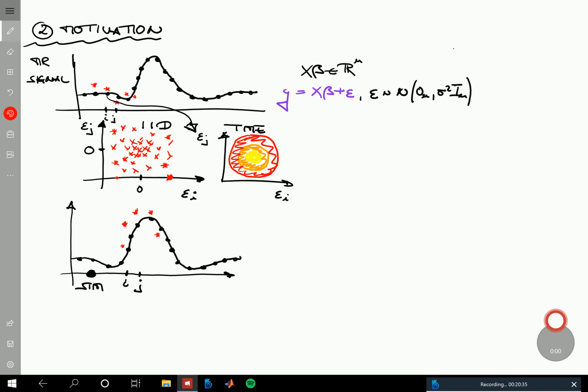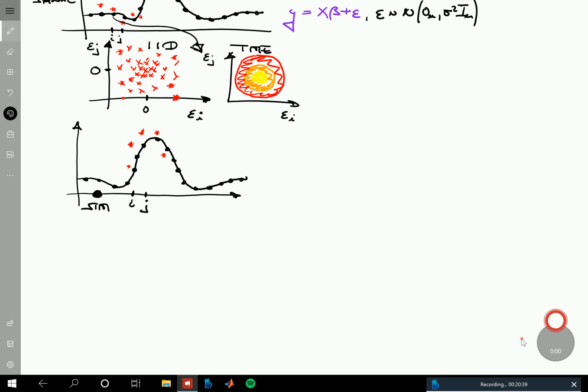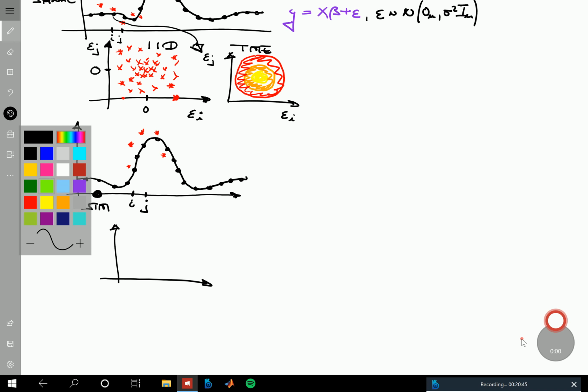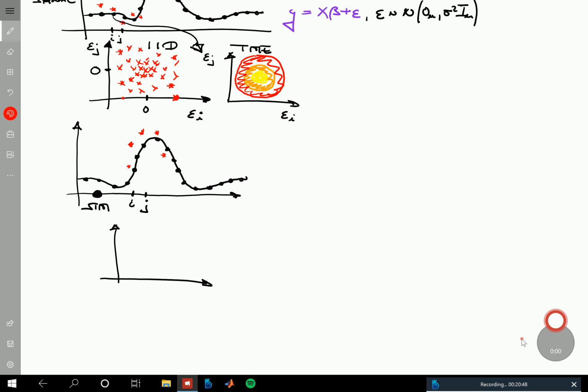So if we again look at just two of our errors, EI and EJ, what I just said means that whenever we sample a high value for EI, so for example here, then we have a higher probability to sample a high value for EJ than a low value. Yeah? And the same for low values of EJ. And roughly similar in the middle.